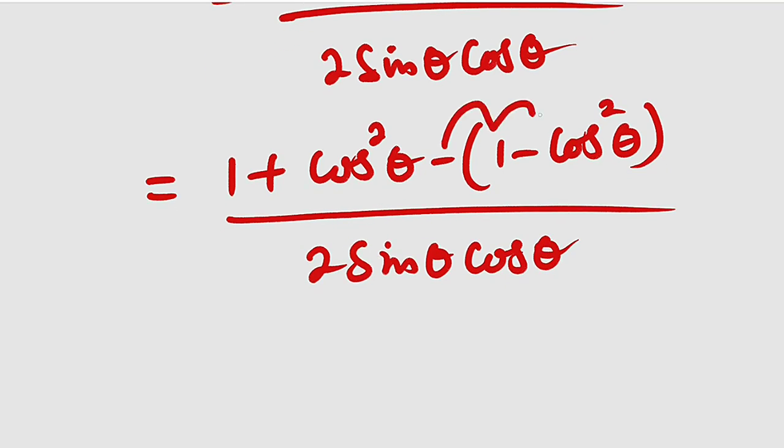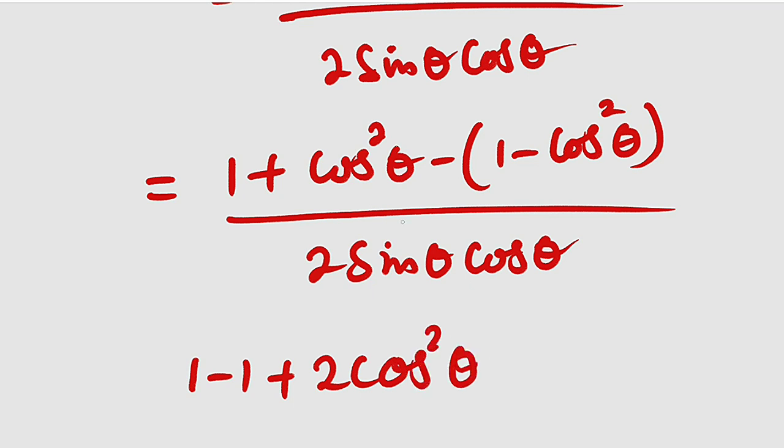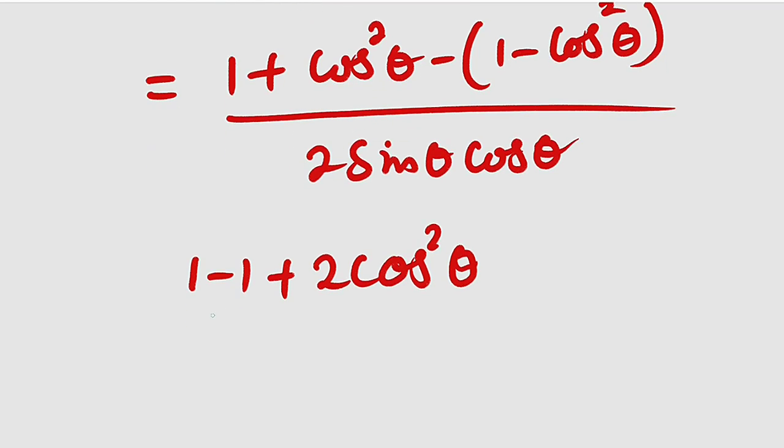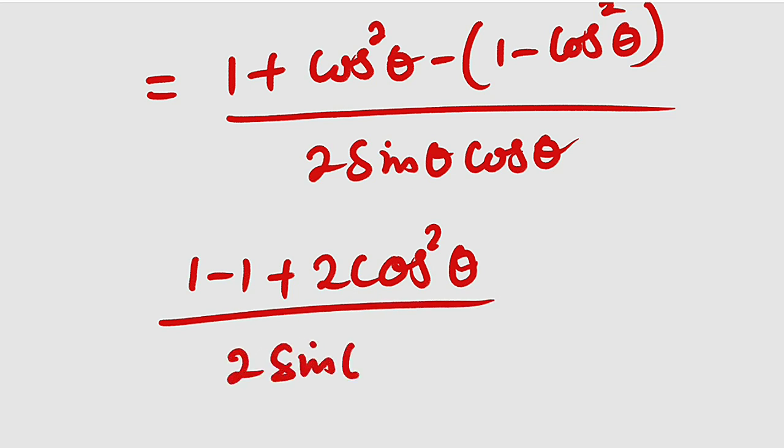And if you expand this using this minus sign, we have 1 minus 1, then plus 2 cosine squared theta, because you have cosine plus cosine, making 2 of them. This minus sign will transform this to positive, remember. All right, then we divide by 2 sine theta cos theta.